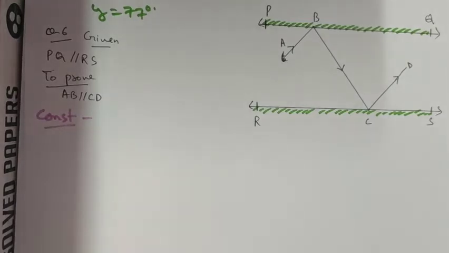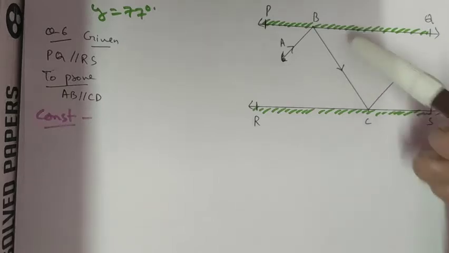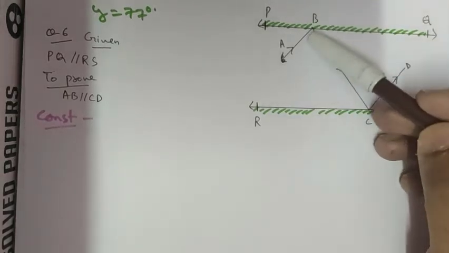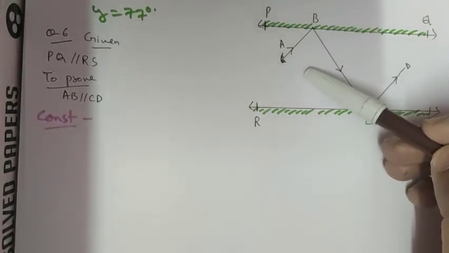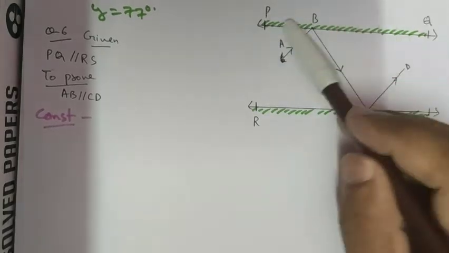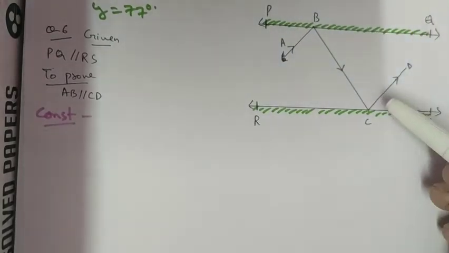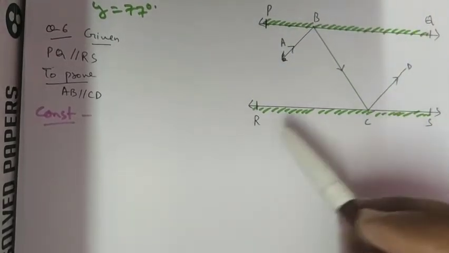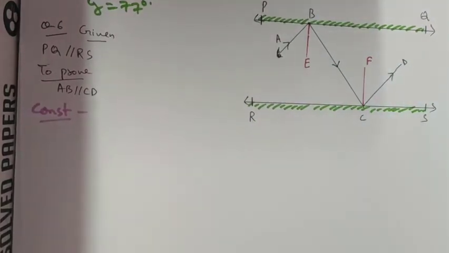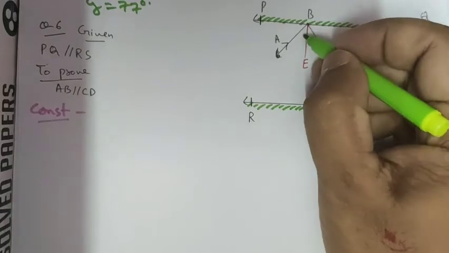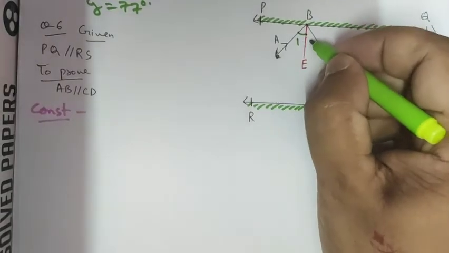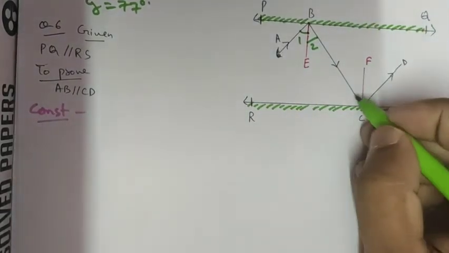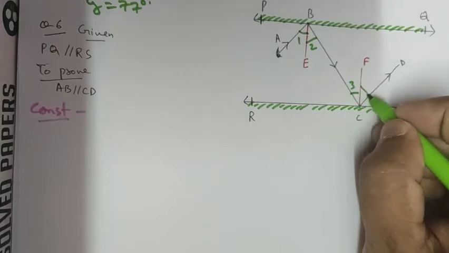We will draw perpendiculars: BE perpendicular to mirror PQ and CF perpendicular to mirror RS, like this. Now suppose I name the angles as angle 1, angle 2, angle 3 and angle 4.